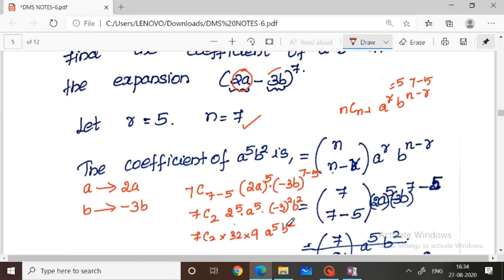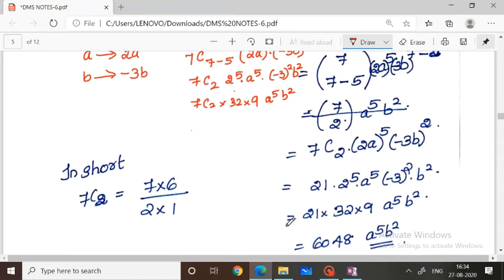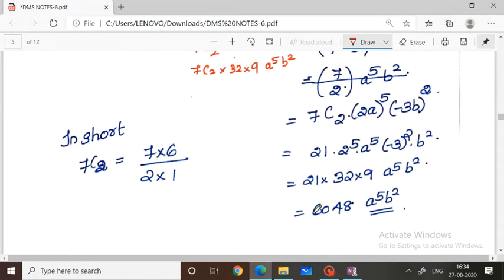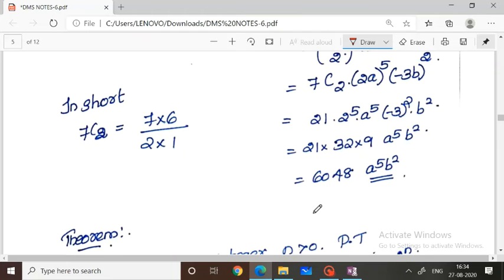So the answer is 6048. Hence the coefficient of a raised to 5 b square is 6048.